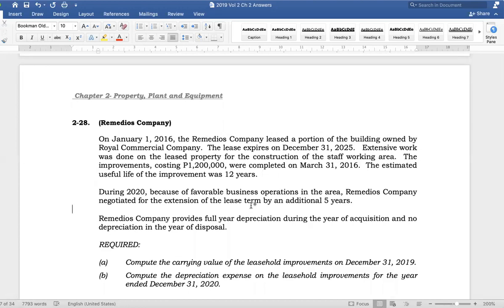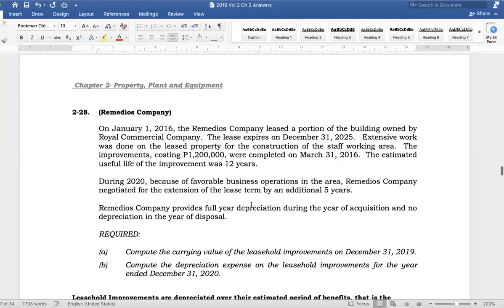During 2020, because of favorable business operations in the area, Remedios Company negotiated for the extension of the lease term by an additional 5 years. Remedios Company provides for full-year depreciation during the year of acquisition and no depreciation in the year of disposal. So we are to compute the carrying value of the leasehold improvements on December 31, 2019.